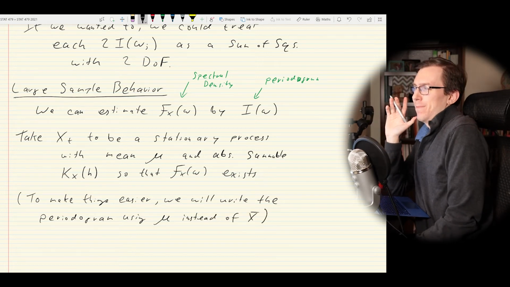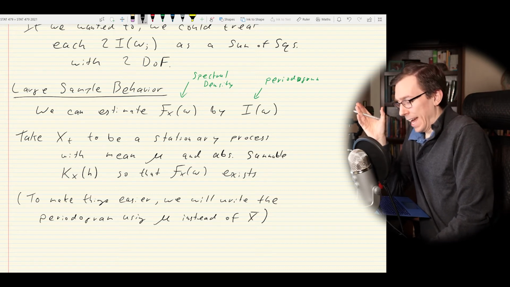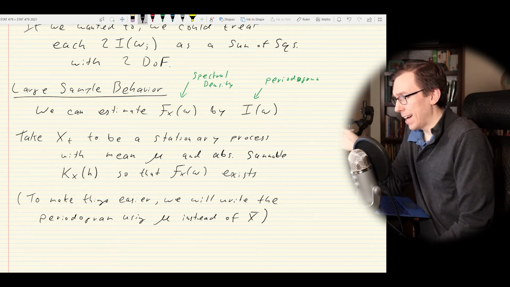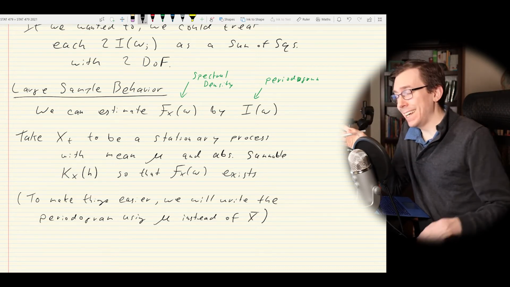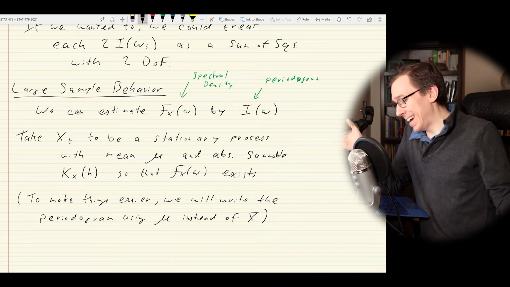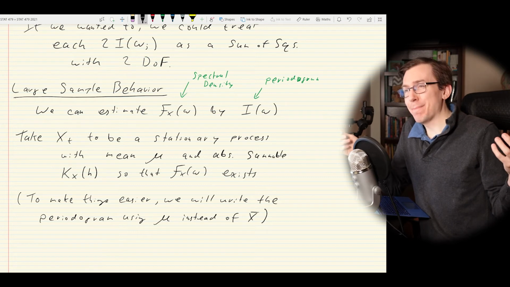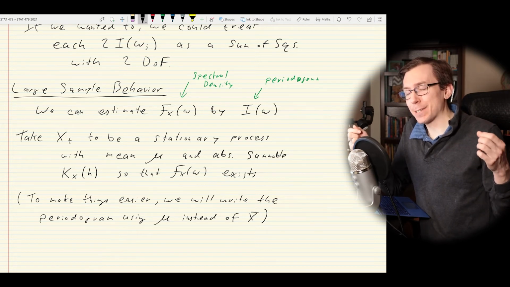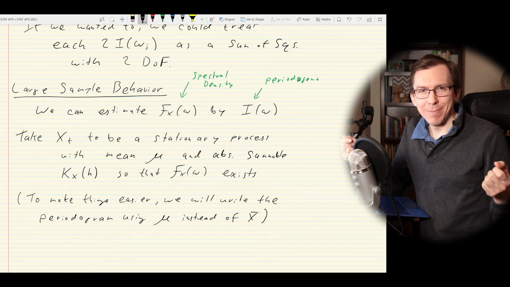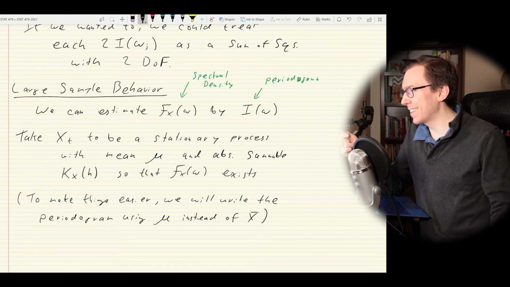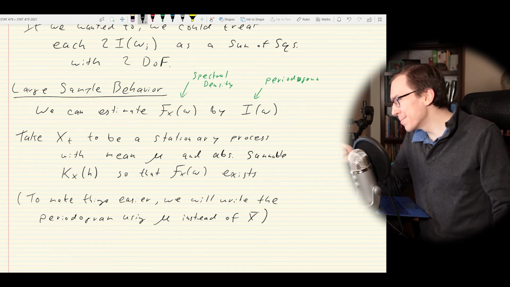Now, in the real world, we wouldn't have the true mean mu, we would have x bar. If the data size is big, x bar is going to be really close to mu, and if we mathematically try to work with x bar, it's annoying because we have to consider the fact that it's a random variable.